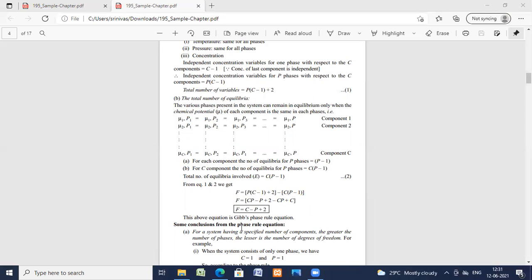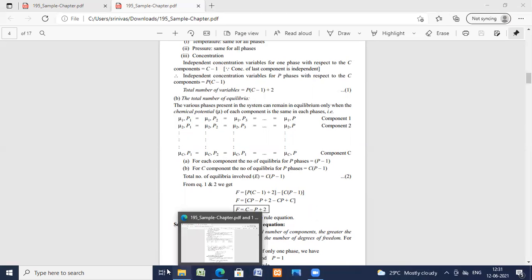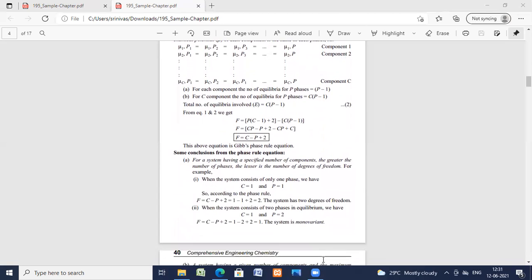Next, here are the conclusions from the phase rule equation. For a system having a specified number of components, the greater the number of phases, the lesser the number of degrees of freedom. When the components are specified, the more the phases, the fewer the degrees of freedom. For example, C is equal to 1, P is equal to 1.